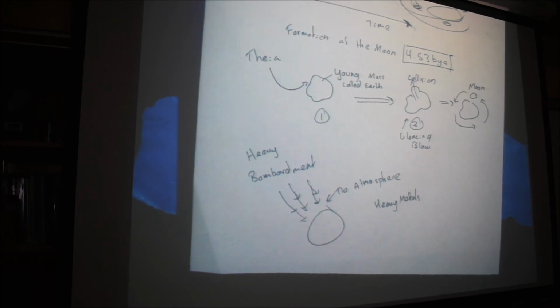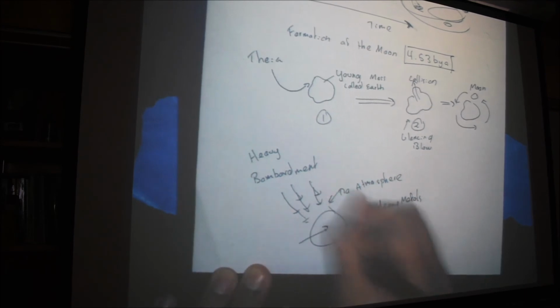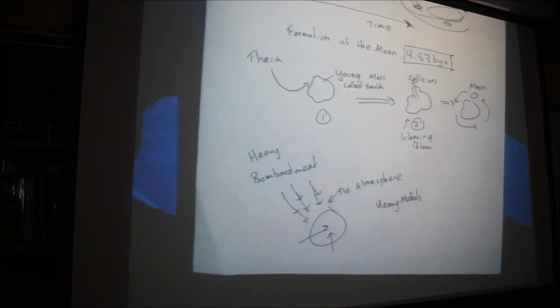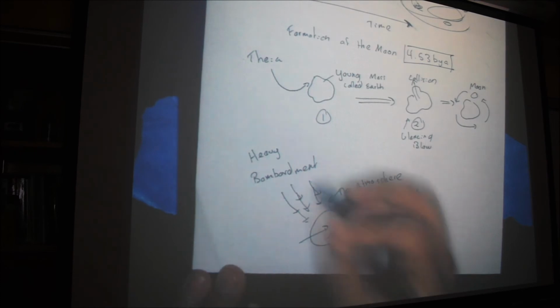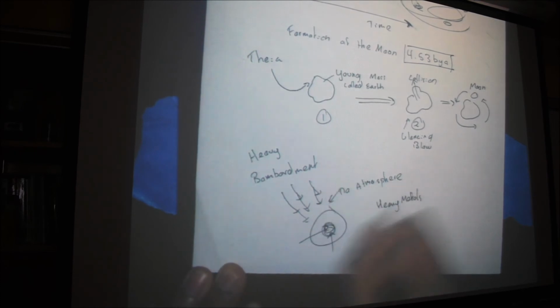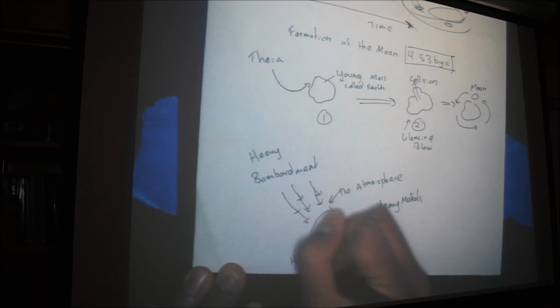Exactly. So if you have the gravitational pull of the Earth pulling you inwards, if you have more mass, you're going to be pulled more towards the center. If you're lighter, you're going to not be pulled as much and you're going to end up on the outside. So right here, in the center, you're going to have your heavy metals, right?